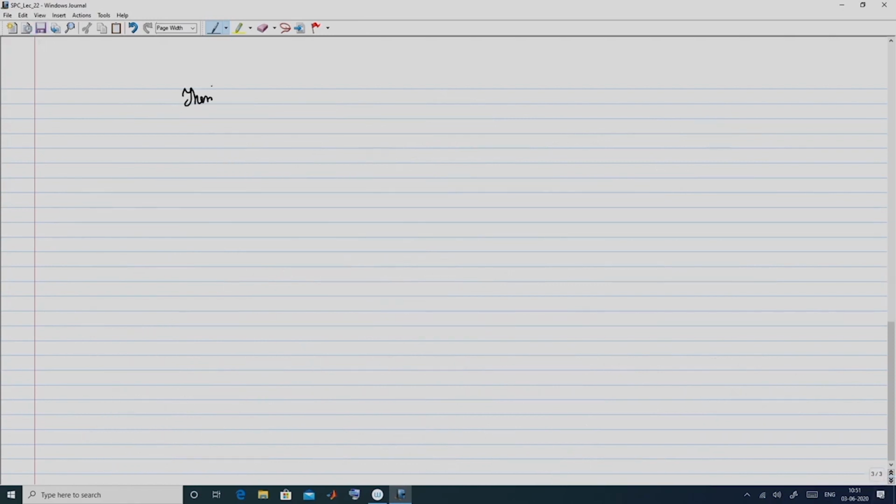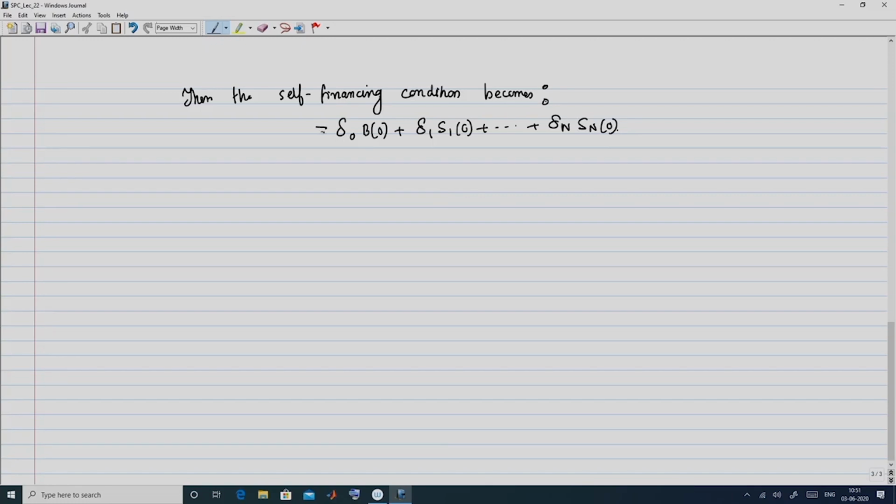Now, let us re-examine the self-financing condition after consumption. So earlier what we had? We had delta naught B 0 plus delta 1 S 1 of 0 all the way to delta n S n of 0, and earlier this was equal to x of 0, the wealth that is available at time 0. However, now that you have made a consumption of C0, that means this amount of money has gone outside the market.